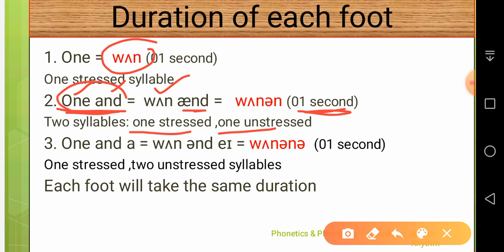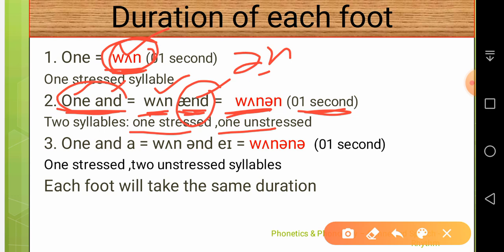So how is this going to be achieved? By turning this and into a weak form like this, un. Now this one and will become onean. If you try to speak with me, the time you require to pronounce this one is the same time you will require to pronounce this onean.